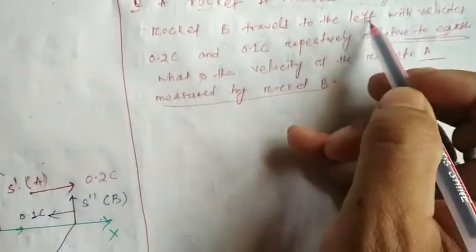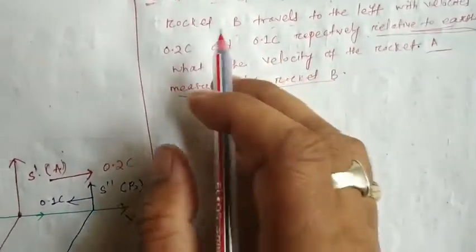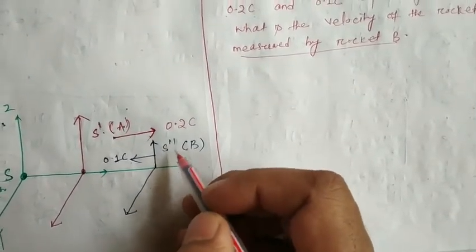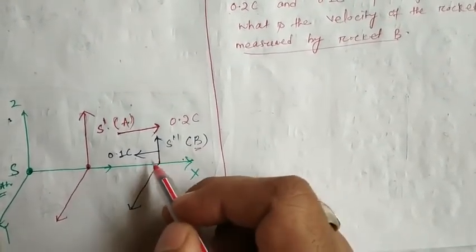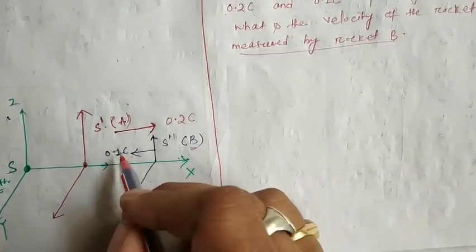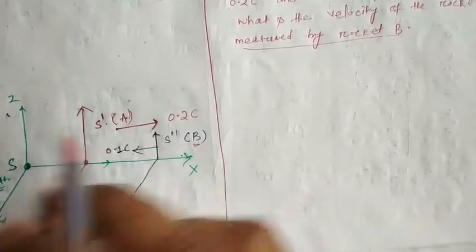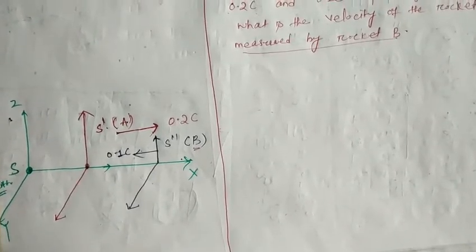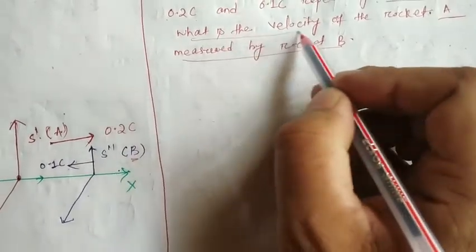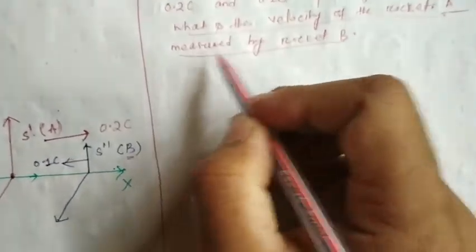And B travels to the left with velocity 0.1 c. Another frame of reference, or rocket B, travels towards the left with velocity 0.1 c this side.